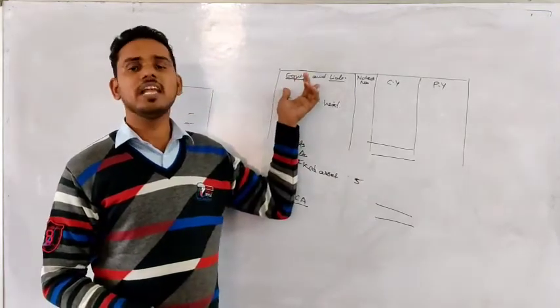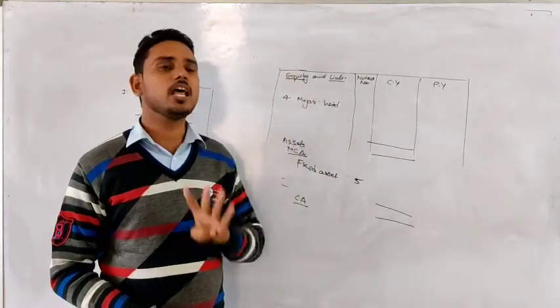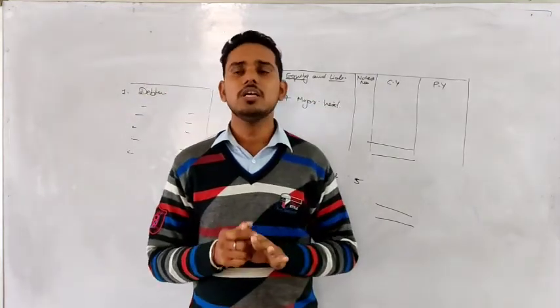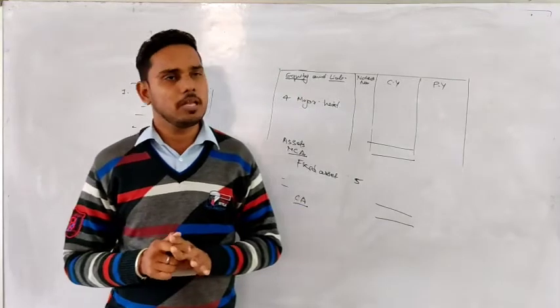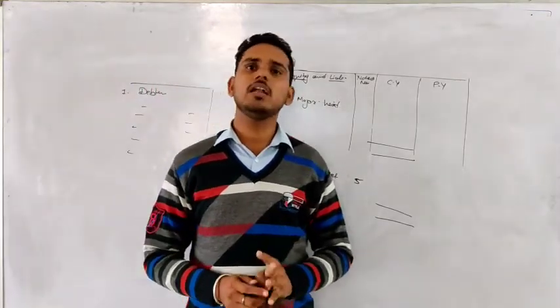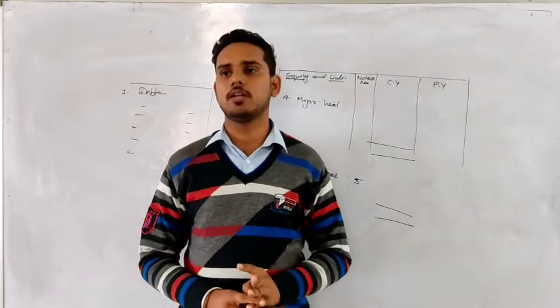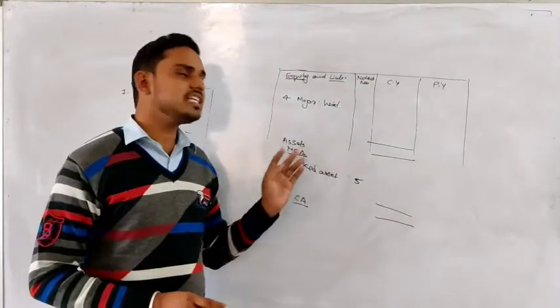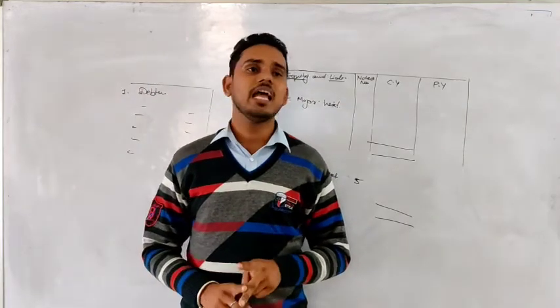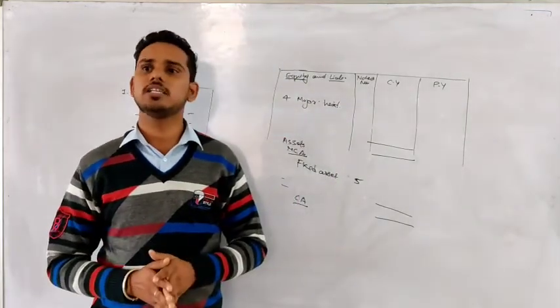So on the equity and liability side there are 4 major heads. First one is shareholder fund, second one share application money pending allotment, third major head non-current liability, and fourth major head current liability. And on the asset side we are having 2 major heads. First one non-current asset and second major head is current asset.